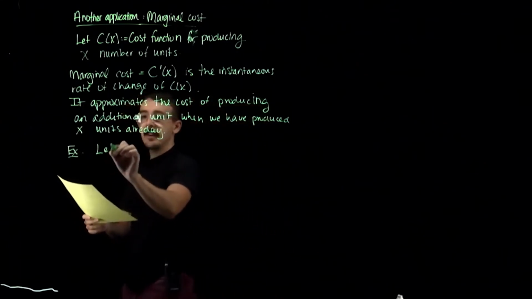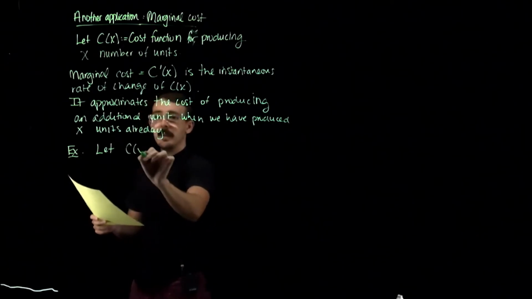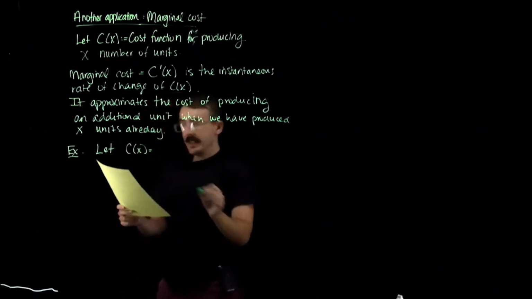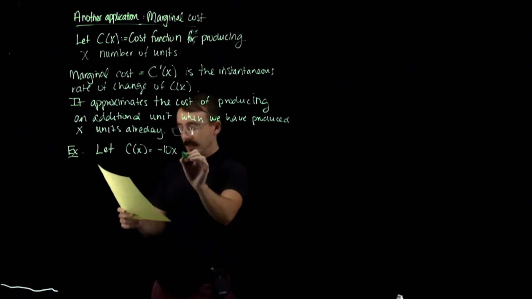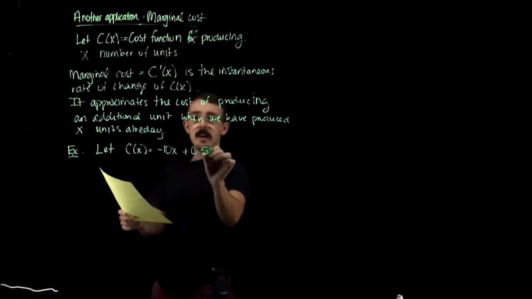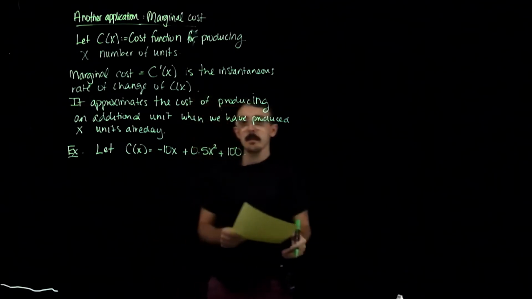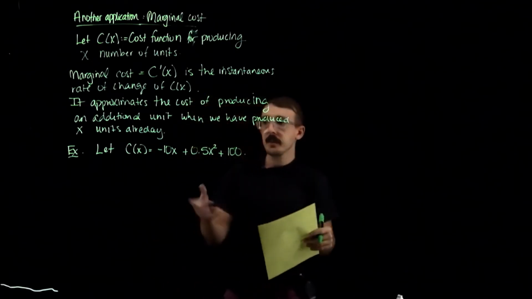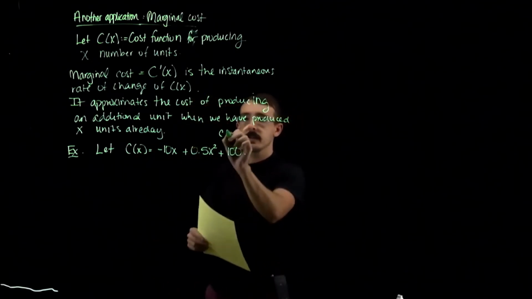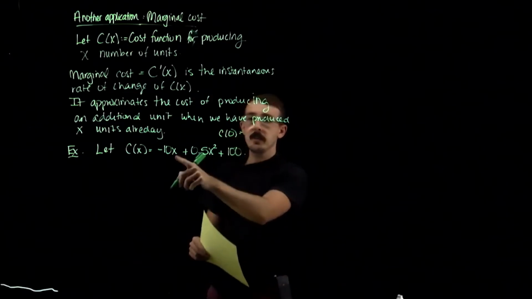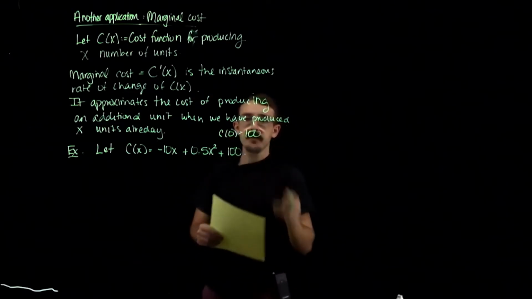So let's say that the cost function for a company, they're making some kind of object, is c of x equals negative 10x plus 0.5x squared plus 100. So for example, the cost to them to produce 0 goods would be, if you plug in 0, 100.